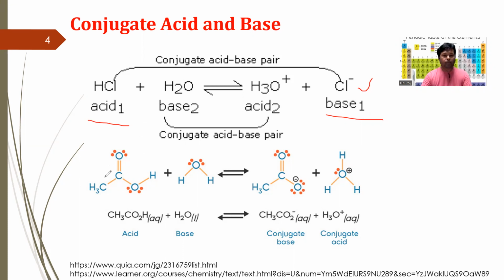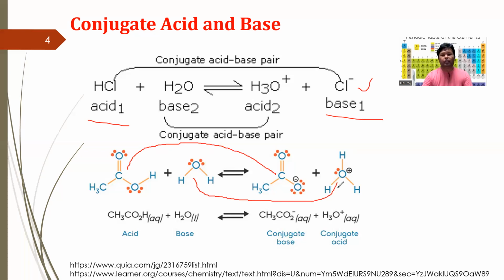So here we have some examples. This is ethanoic acid, which I have mentioned. Ethanoic acid is reacting with water to form ethanoate and this oxonium ion. So here you can see this base and this acid. When this acid donates one proton, it forms this base, and this base accepts one proton to form the acid.